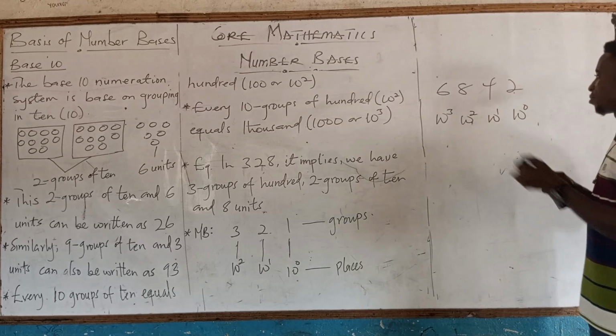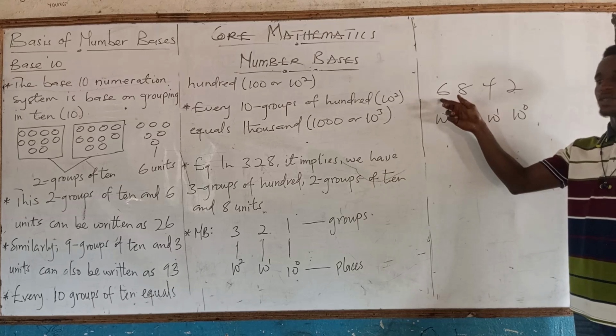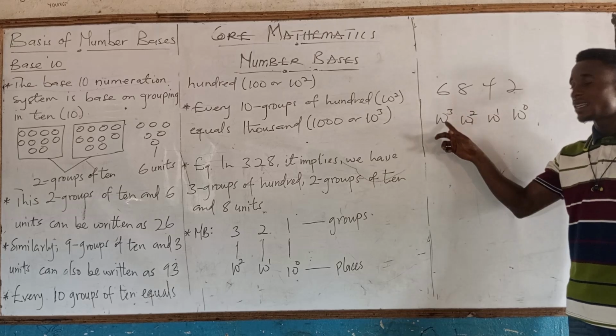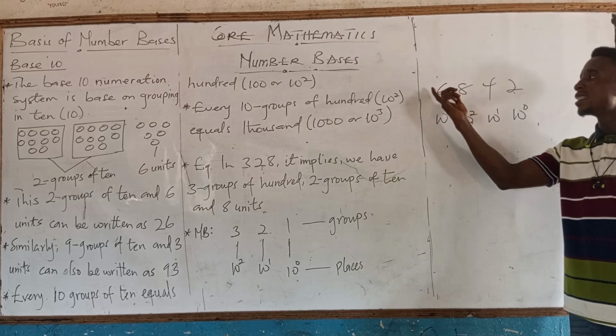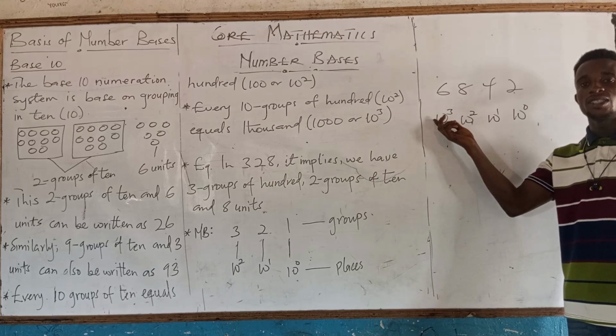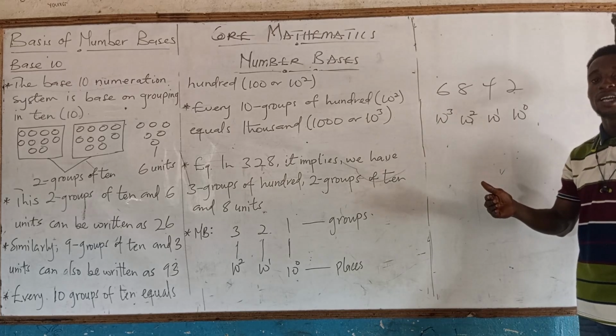Are we getting that? So the place for this 6 is in 1000. So this 6 is telling me that I have 6 groups of 1000. So 6 times 1000 will get us 6000. Please, are we getting that?